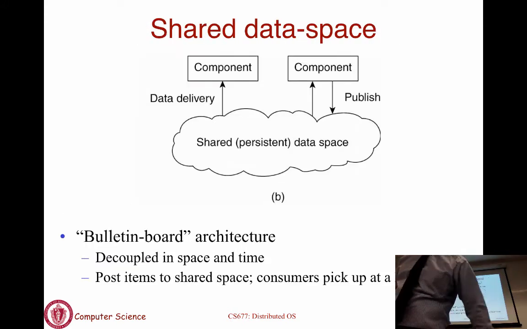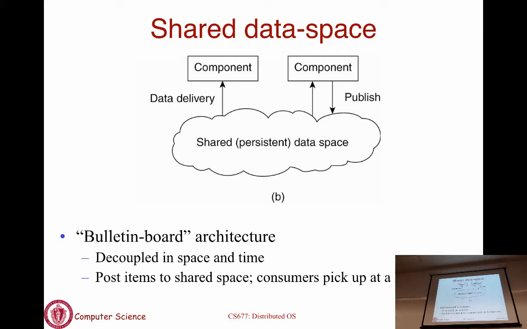There's a related architecture called the shared data space architecture. It also looks like an event-based architecture, but it's a little different from what I showed you on the previous slide. It's also called the bulletin board architecture. Again, you have your application partitioned into components.